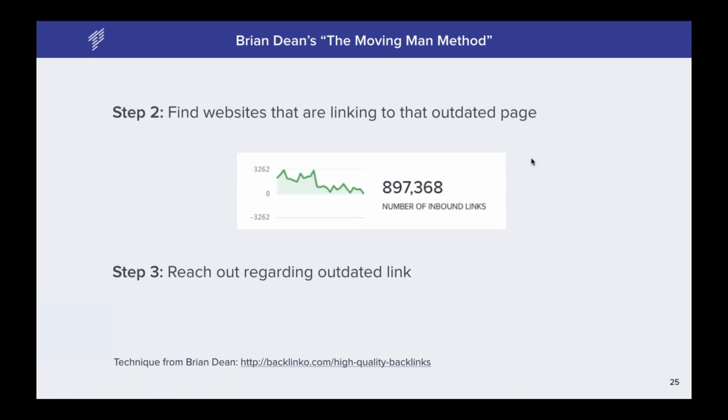What would be beneficial is to write to that person, not only that you found that you are pointing to an outdated link, but also make some positive comment about the content, and you can also write about different ideas of links or content that they could link to.